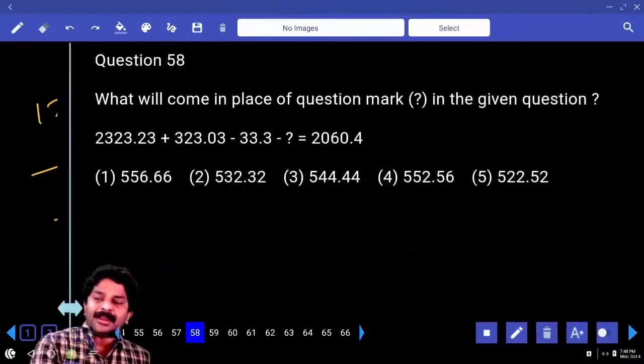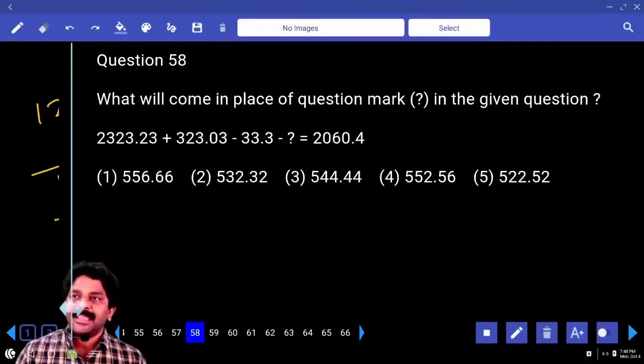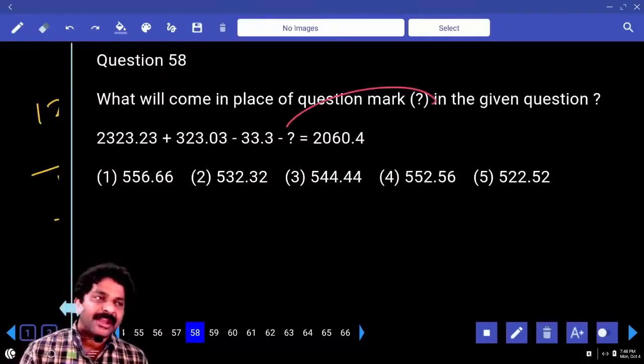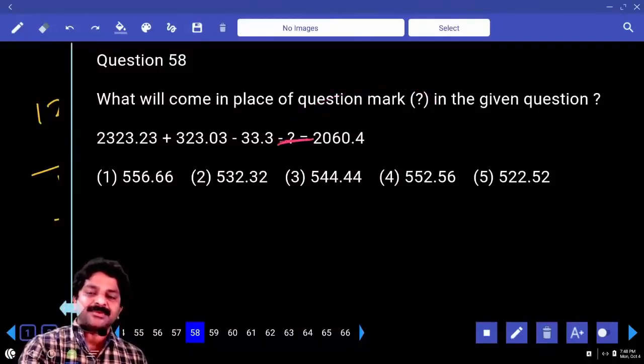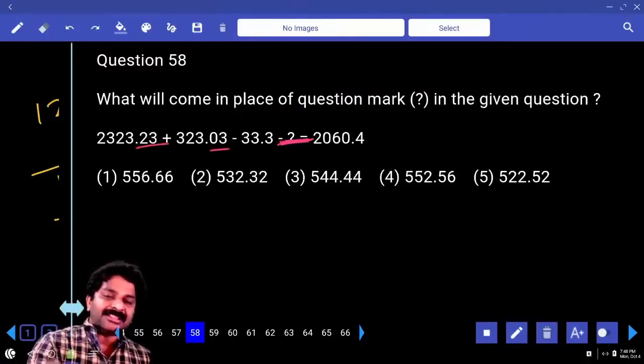Right. Verify. Number after decimal, all are different only. Among options, 5 options, after decimal numbers are completely different. Agreed. Take minus x to right hand side, becomes plus x. Right hand side number comes to left hand side and becomes minus. Positive number, 2 numbers are there: 2303, 26.